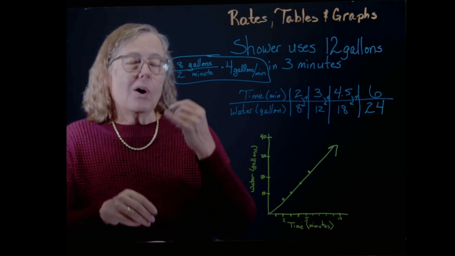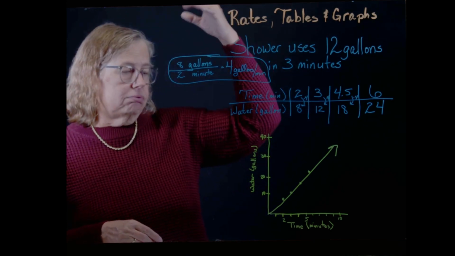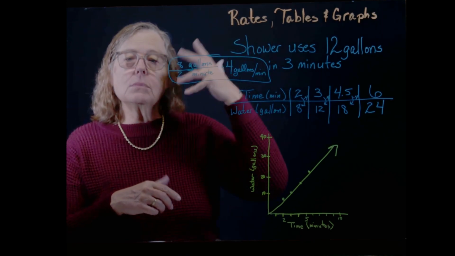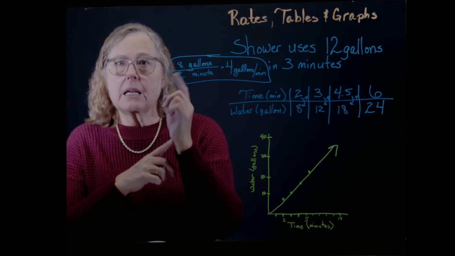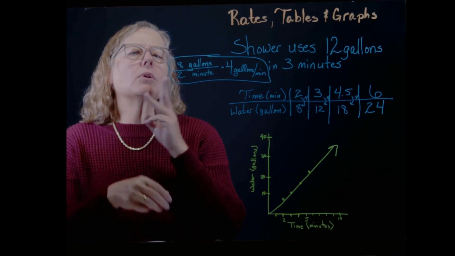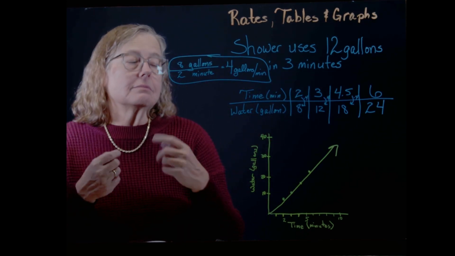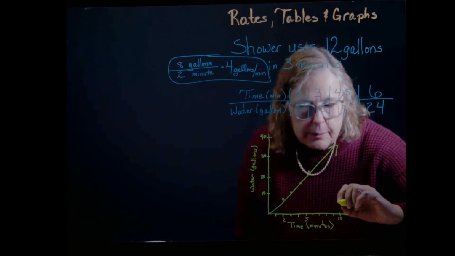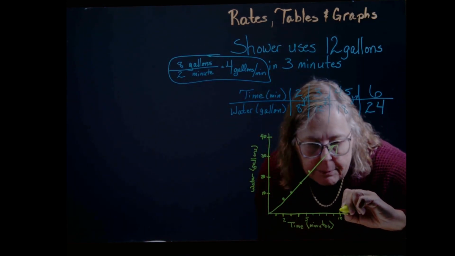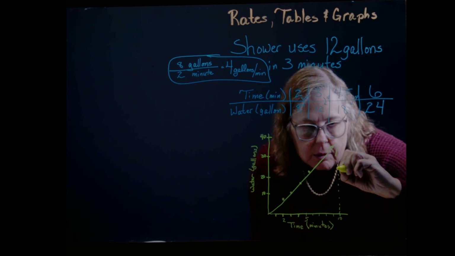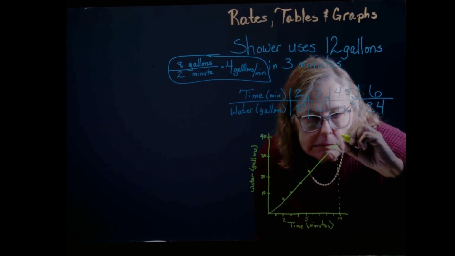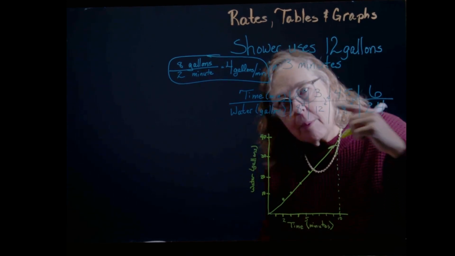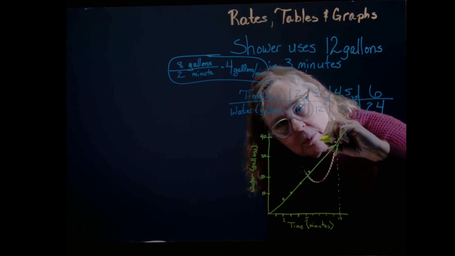How can I use this? Let me show you. What if I took a shower for 10 minutes? I'm just taking my time, take a whole 10 minutes of my shower. How much water would I use? Let's check the graph. And now I'm going to go over.